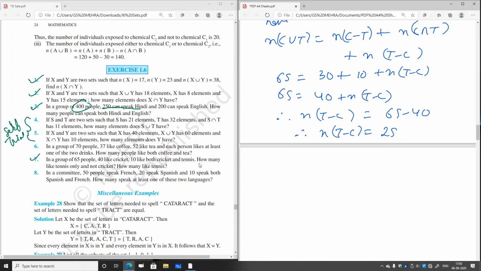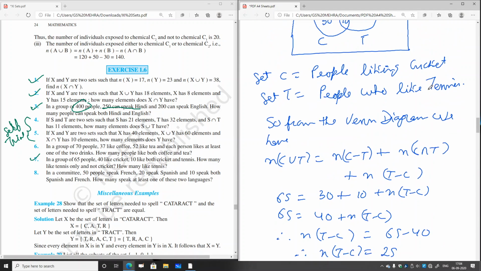And the next one is how many like tennis? So n of T equals n of T minus C plus n of C intersection T. You can see from the figure also, here it is.